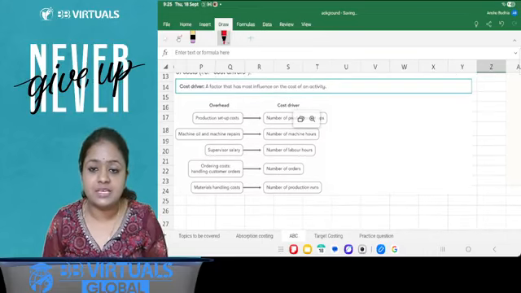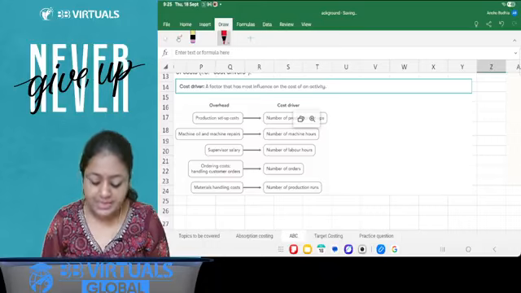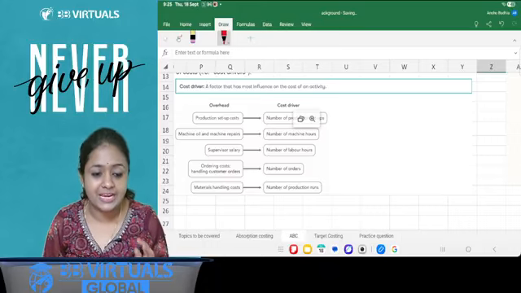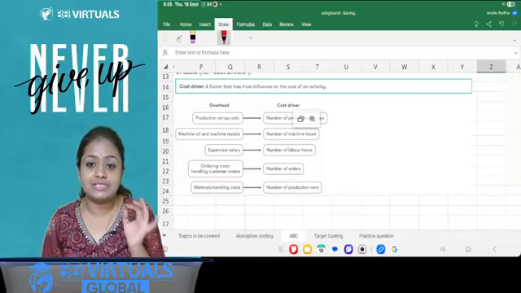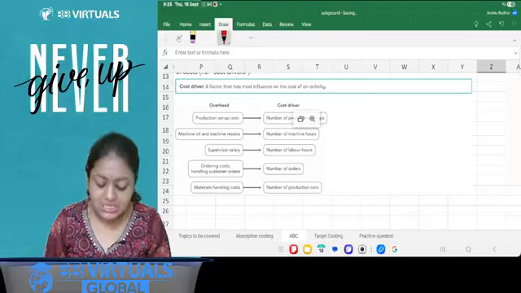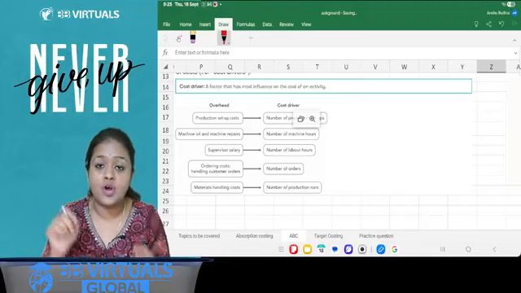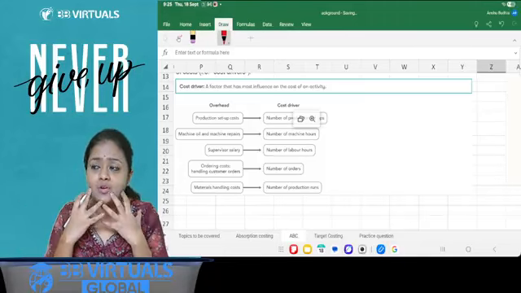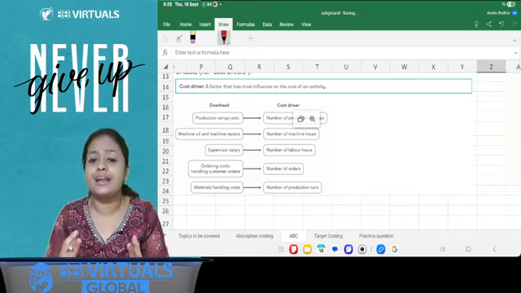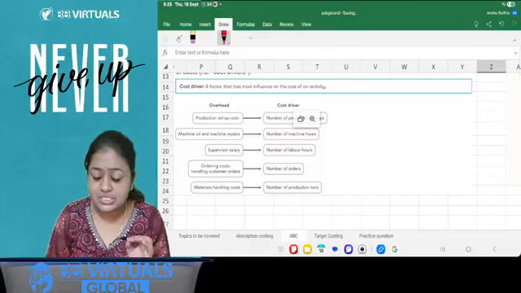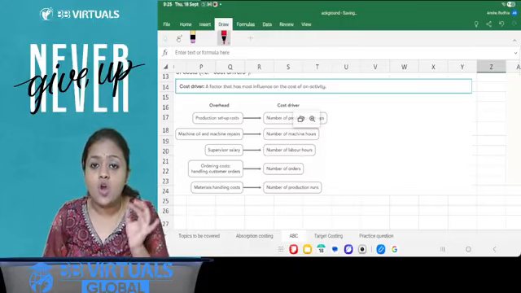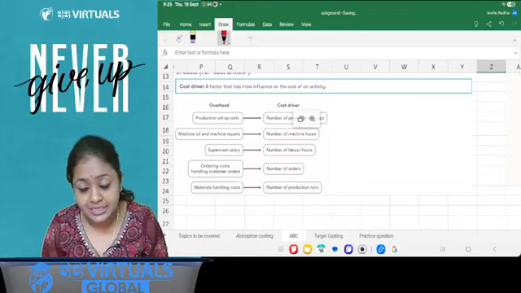Here I've just given you some examples so that things become very clear to all of you. And that is, what is a cost driver? First, let's understand it. A cost driver is any factor which is influencing the cost of the activity.